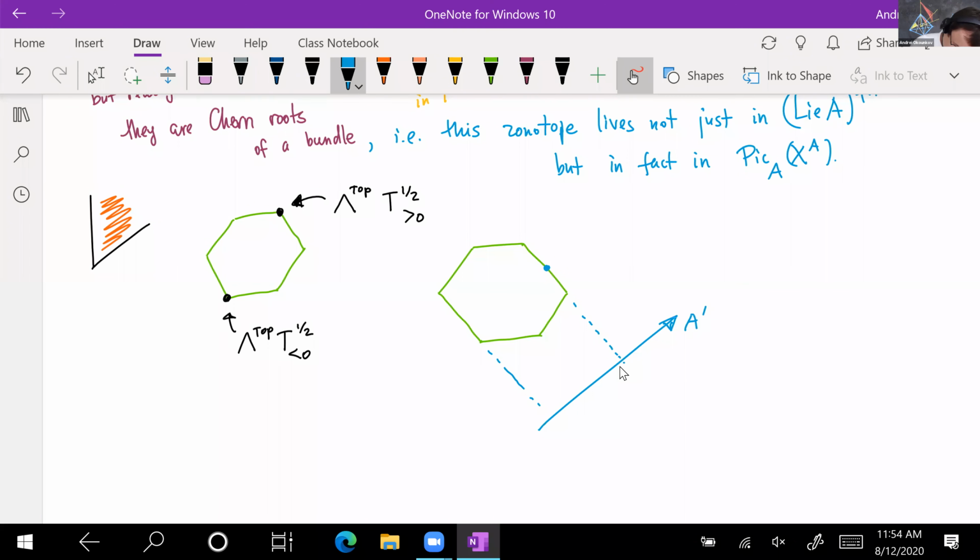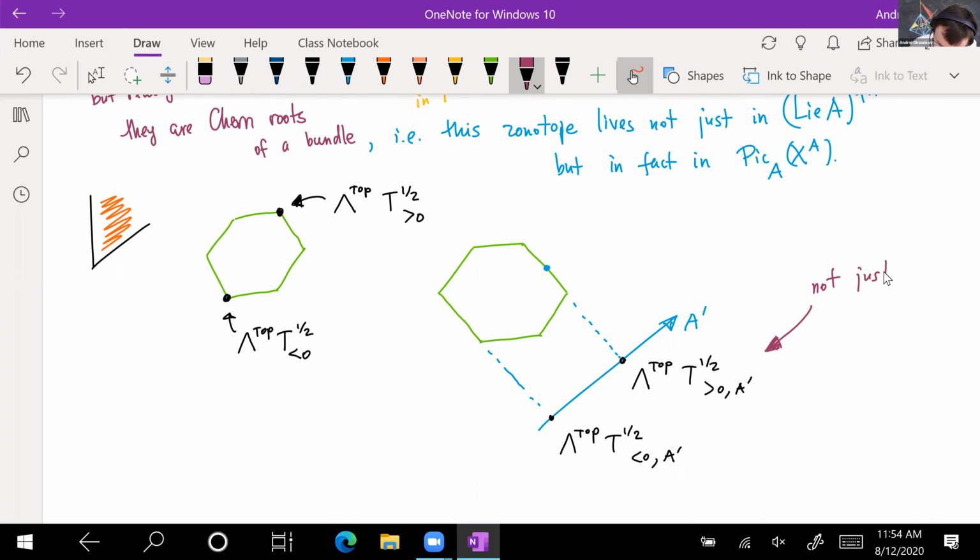And then here I go between the top exterior part of it, take the polarization, you take attracting with respect to this A prime, and I go between the top exterior part of the polarization and take repelling with respect to A prime. But now I keep stressing that these quantities are not just weights.